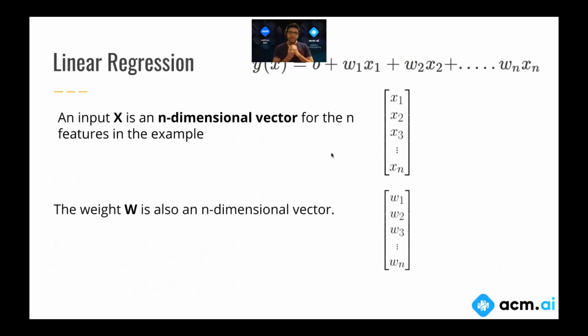If you remember, the hypothesis function for linear regression is, as you can see above, the sum of all these different products, a weight multiplied by a particular input value, plus a bias.